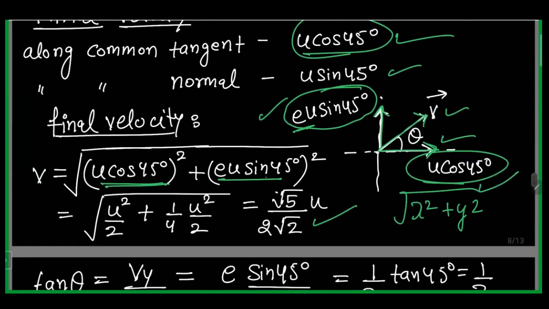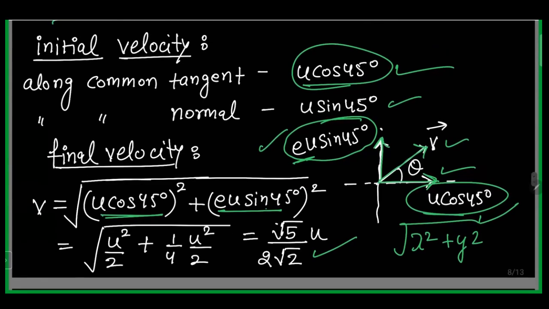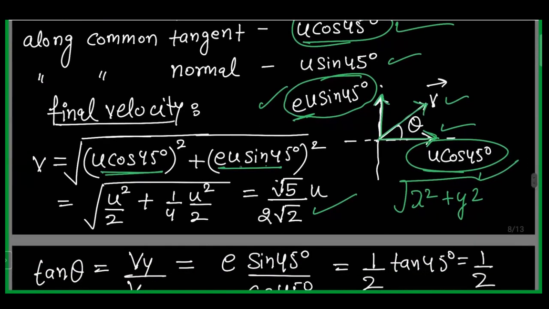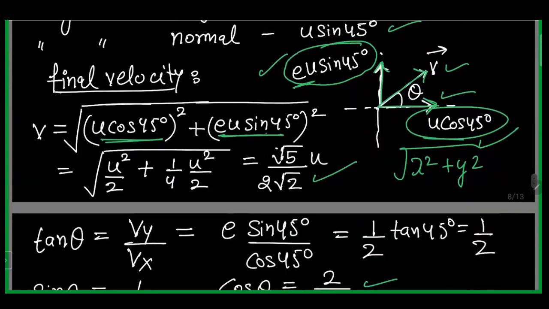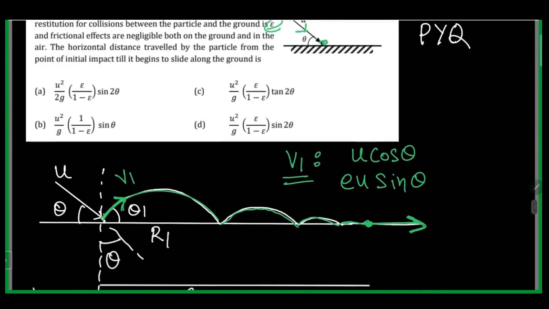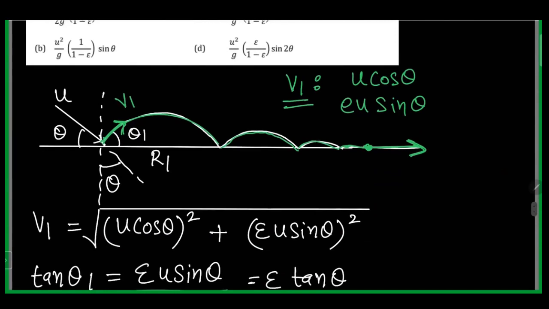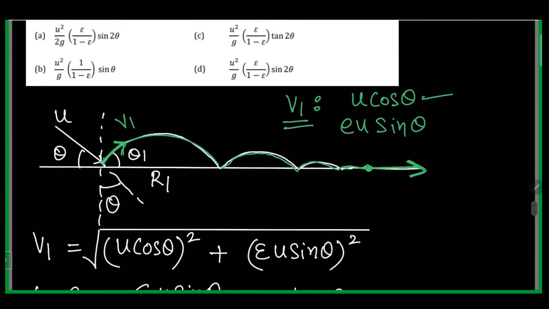Your x velocity will be u cos 45 because the velocity along the common tangent remains the same, but the velocity along the common normal becomes e times. So after the collision, your velocity along x is u cos theta and your velocity along y is eu sin theta. I hope that you understood this concept.